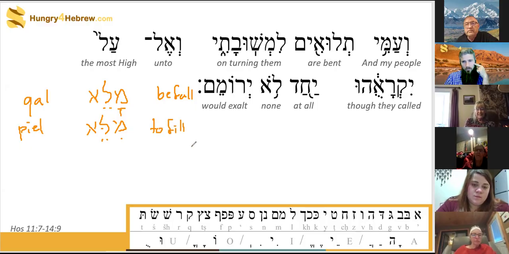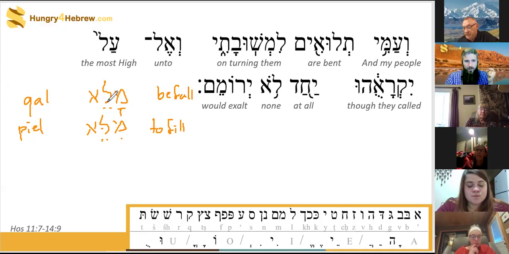To fill. It's no longer a state of being. Look, the glass is being full. It's now an action verb with a direct object, or an object of some kind. And now you're doing the action of making it be that state of being verb. Okay? And that is called factitive.